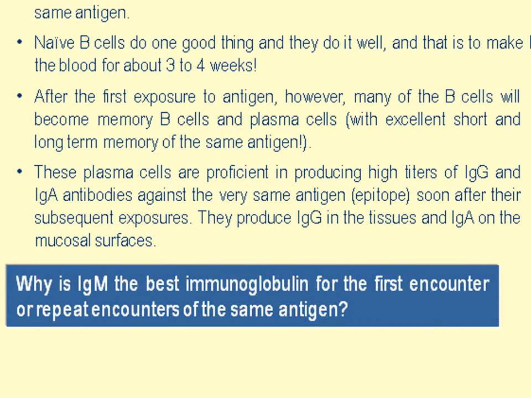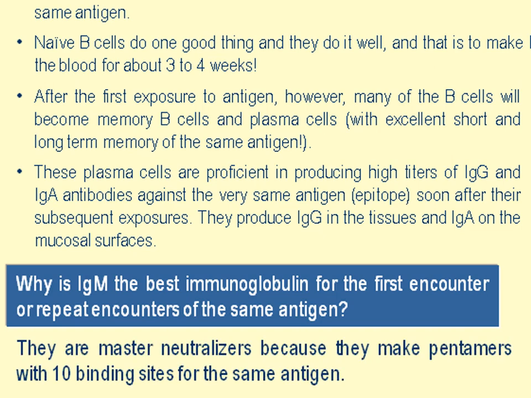Why is IgM the best immunoglobulin for the first encounter or repeat encounters of the very same antigen? The reason is that IgM molecules are master neutralizers because they make pentamers with 10 binding sites for the very same antigen.